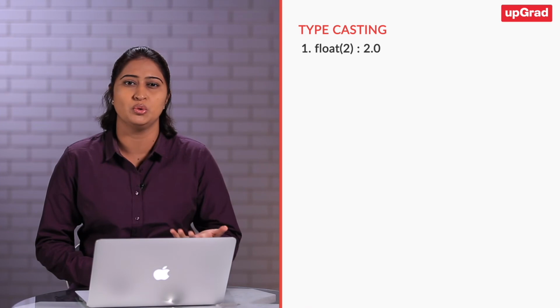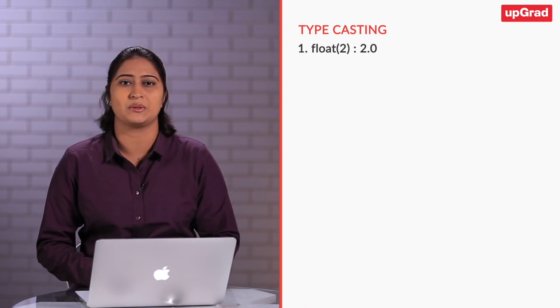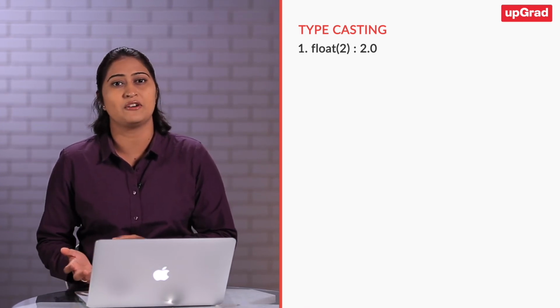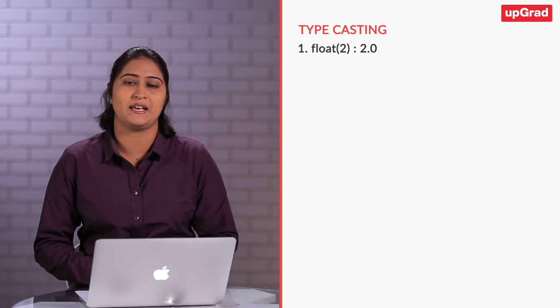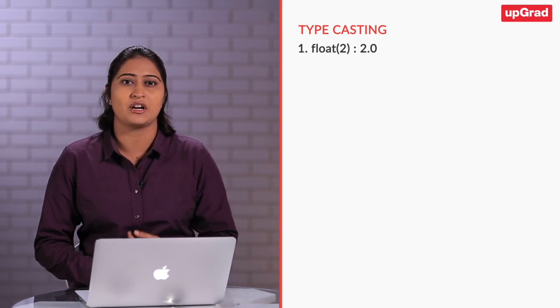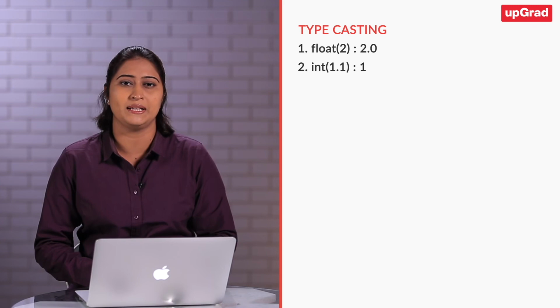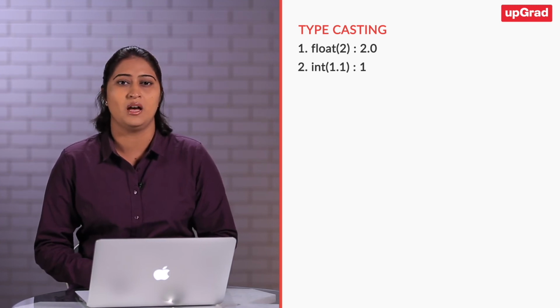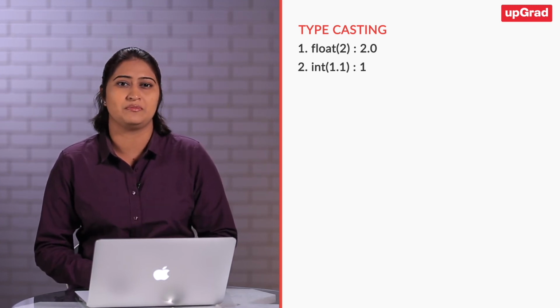This is called typecasting. You can convert an int to a float. For example, you can cast the integer 2 to a float and you will get 2.0. When you are casting a float to an integer, you must be careful. Let's say if you are casting a float 1.1 to int, you will get 1. Here you will lose some information.